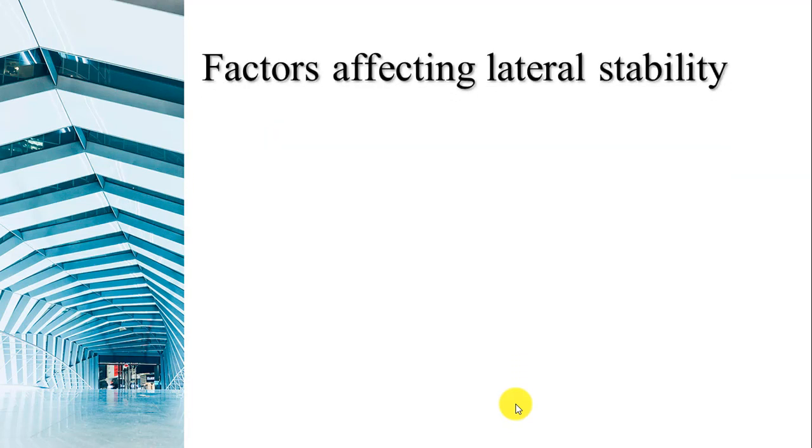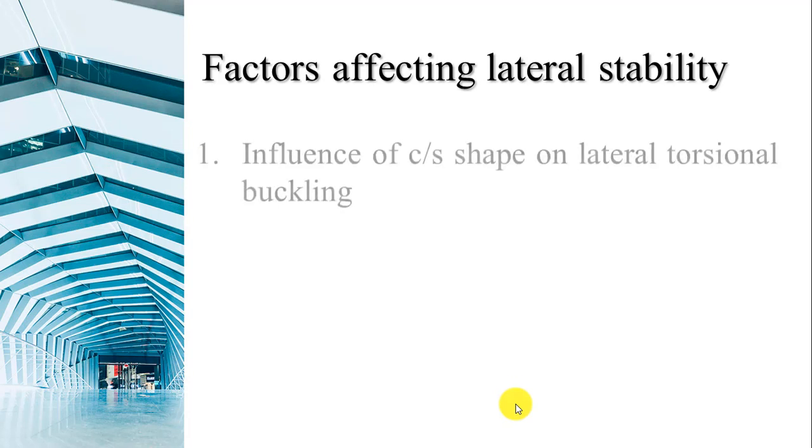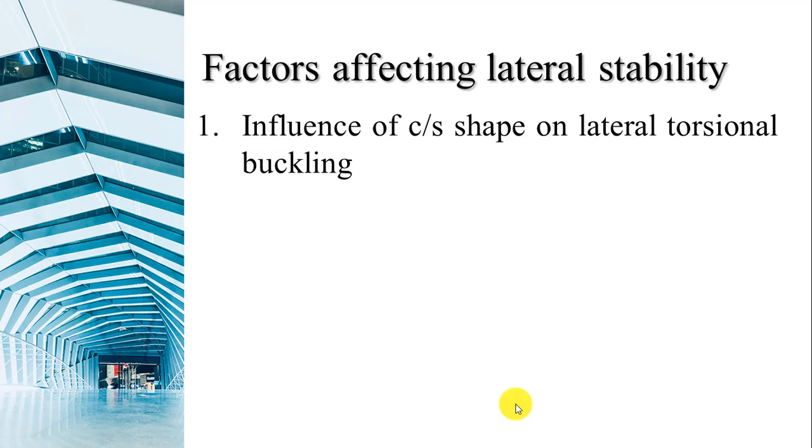Next to that, there are different factors which affect the lateral stability of the beam. For this beam to be safe, the main thing we should consider is its lateral stability. So while designing, these factors should be taken into consideration so that they do not affect the lateral stability of the beam. Out of those factors, the first one is the influence of the cross-sectional shape on the lateral torsional buckling.